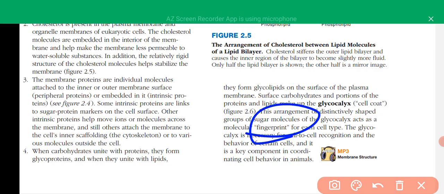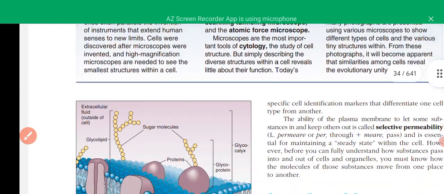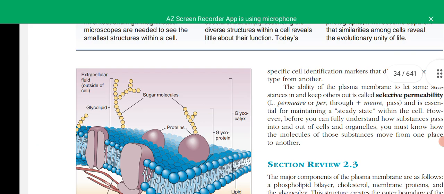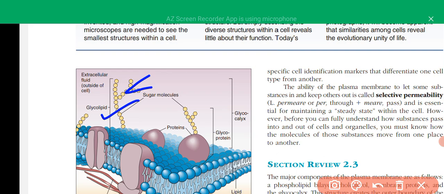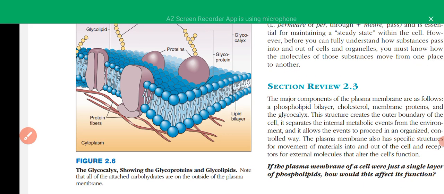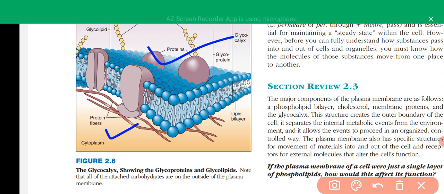They are composed of carbohydrate chains attached to the lipids, called glycolipids, and attached to the proteins, called glycoproteins, and together they help in recognition of particular types of cells. On the inside of the proteins, this is the cytoplasmic side and this is the outer side of the protein.